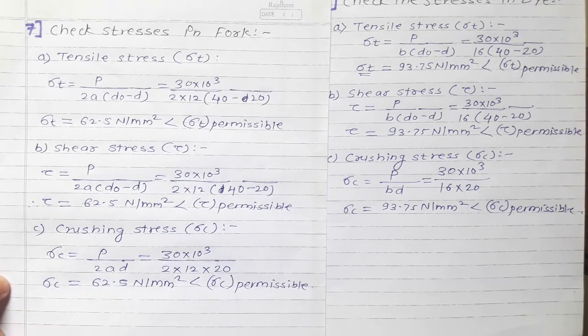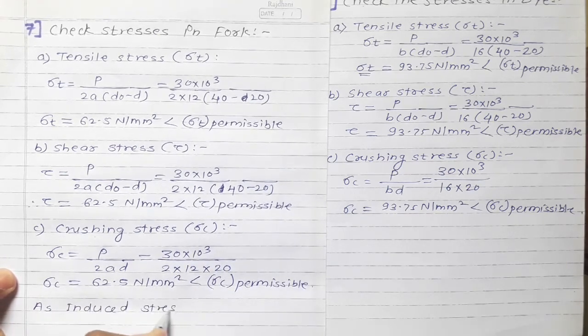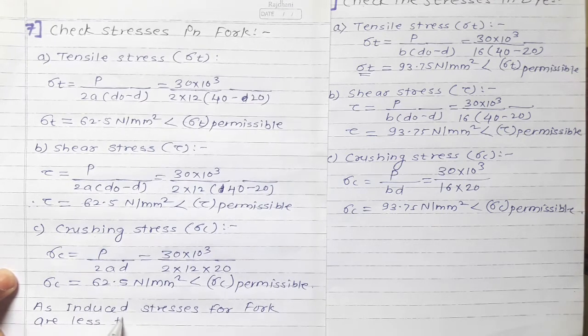So we can write at the end, induced stresses for fork are less than permissible stresses.